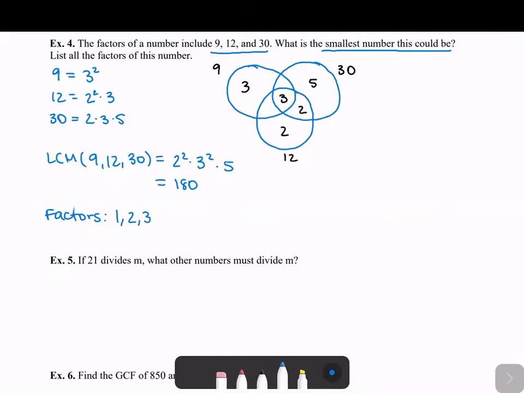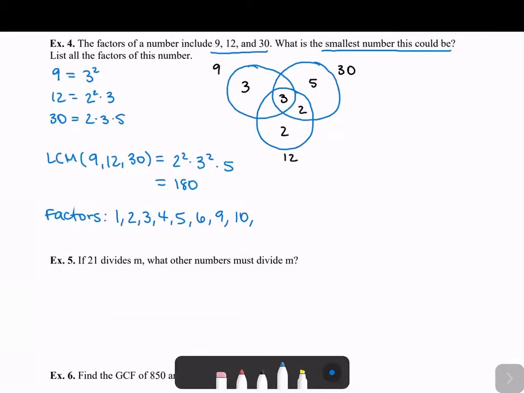And then 4 is 2 squared, so 4 is there as well, and 5 is there, just based on the prime factorization. 6 is a 2 and a 3, and 6 is there. 7 is prime, and it's not in the prime factorization. 8 is 3 2's, and we don't have that many, but 9 is 3 squared, and it is there. 10 is 2 and 5, and it's there. 11 is prime, that's not in the prime factorization.